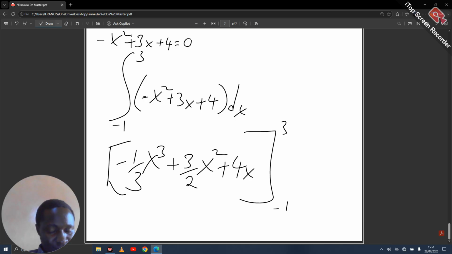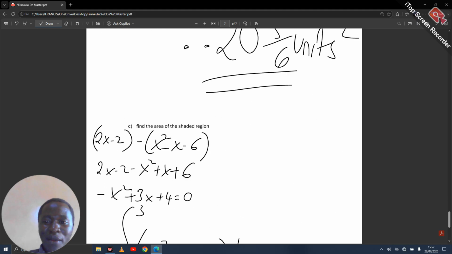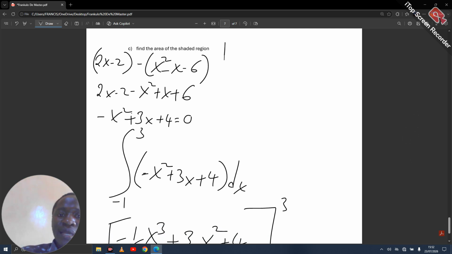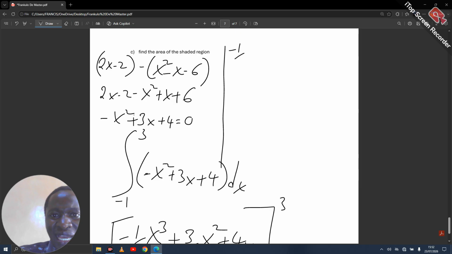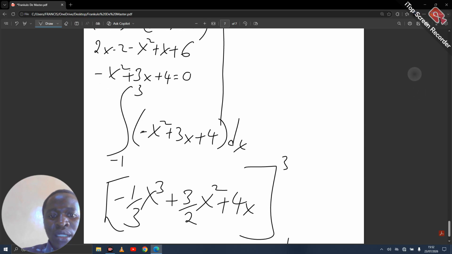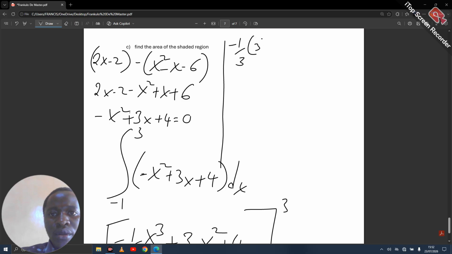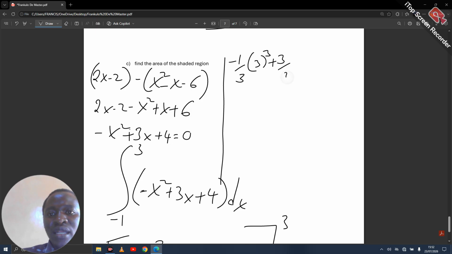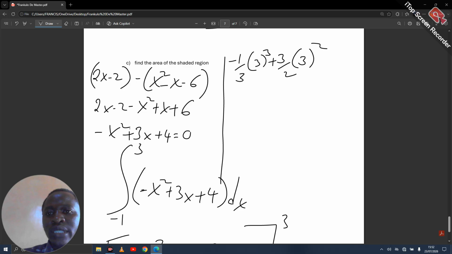After doing this, you now substitute. So it is minus a third into 3 cubed plus 3 over 2 into 3 squared plus 4 into 3.